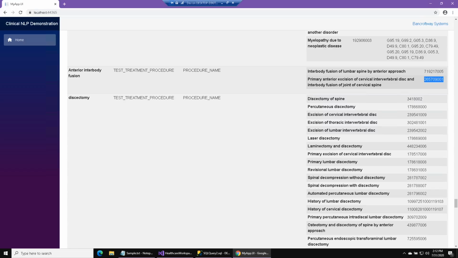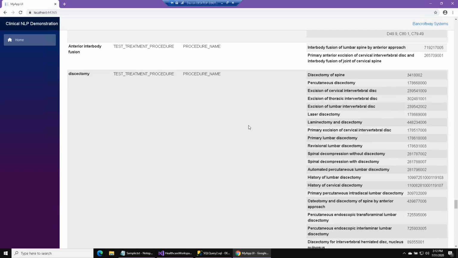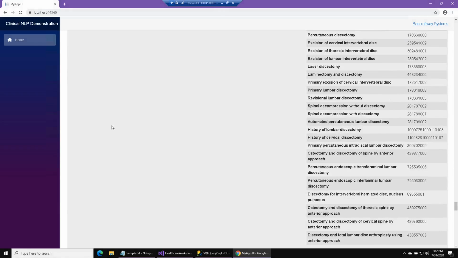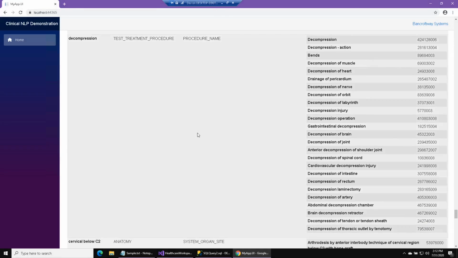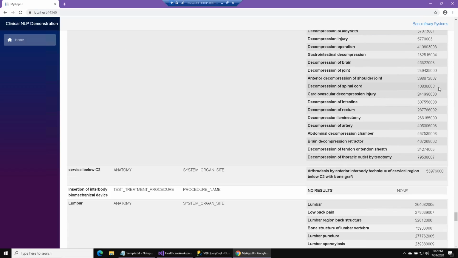The mapping of SNOMED to CPT is a paid service, and if a client desires to map SNOMED codes to CPT, that can be done as well, just like we are doing SNOMED to ICD codes. So we have procedures here. All three procedures are being correctly flagged, and we are suggesting the codes for these.